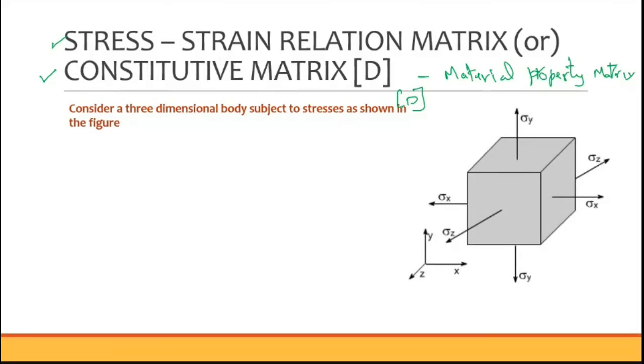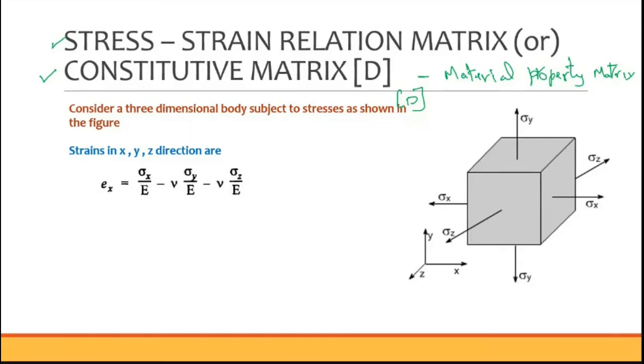I'm going to take an object which has stress in X, Y, and Z directions, all 3 directions. Let us identify the strain in X, Y, and Z directions. You know that in one direction you will have a longitudinal strain, and in the other 2 you will have lateral strains. The lateral strain can be written as minus mu into longitudinal strain.